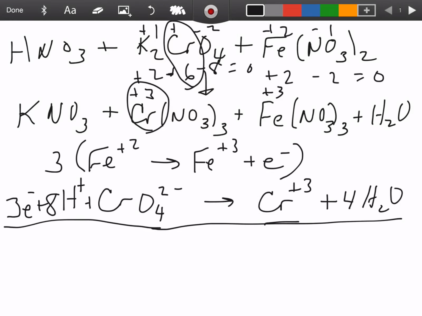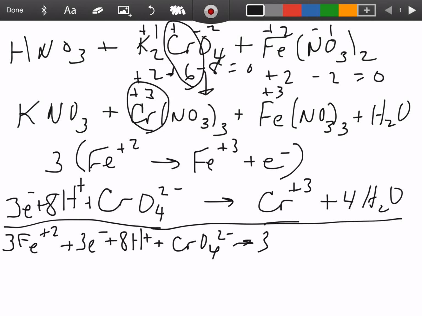And so when I do that, I now get a total of 3 Fe2+ plus 3 electrons plus 8 H+ plus CrO4 2- going to 3 Fe3+ plus 3 electrons plus Cr3+ plus 4 waters.